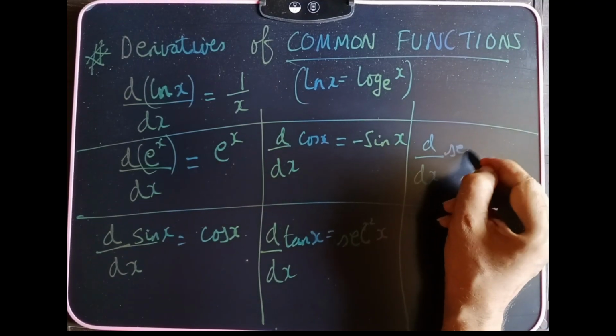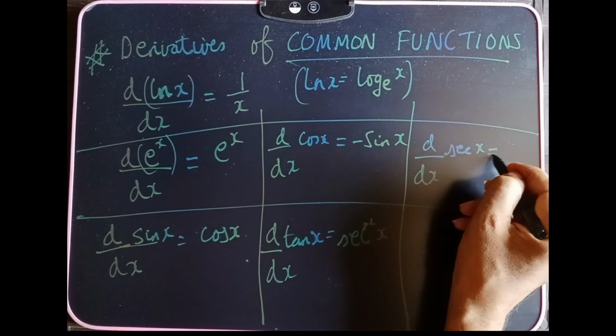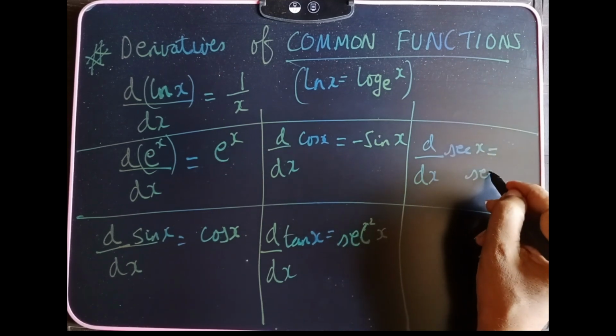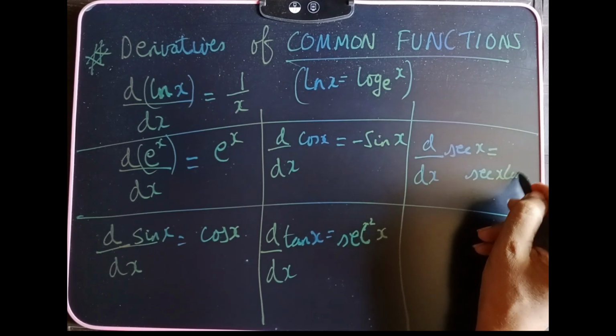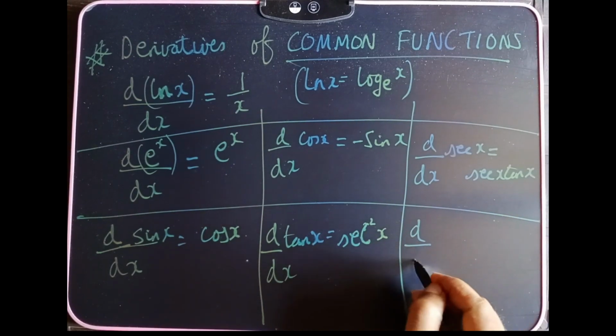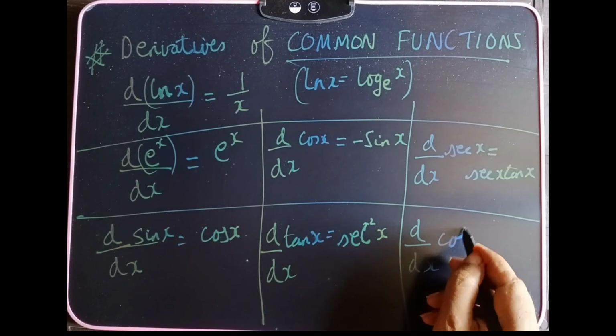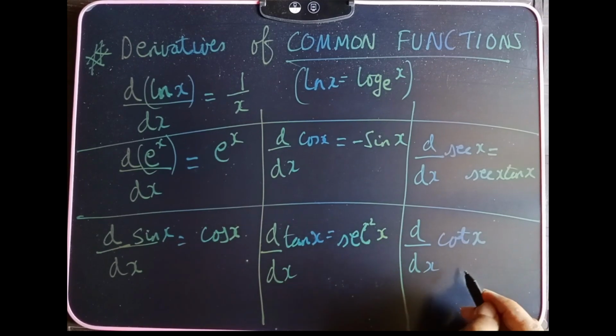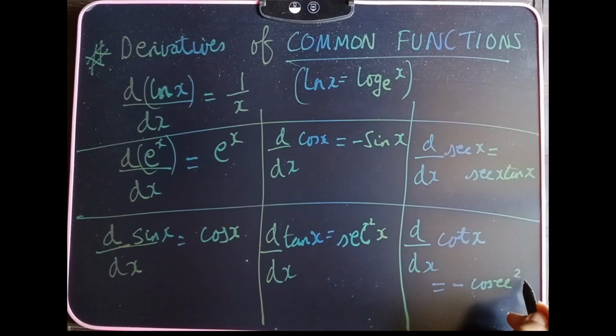The derivative of sec x is sec x tan x. The derivative of cot x is minus cosec square x. These are some of the derivatives you need to remember. I'll clear this. You can note it down.